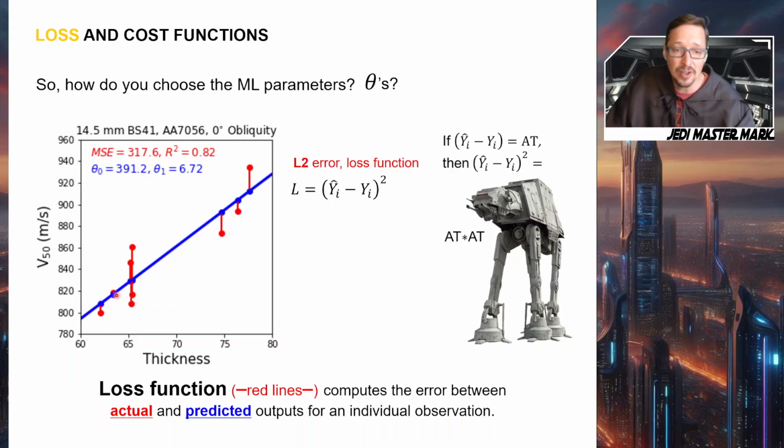These blue ones are our predicted outputs. Again, they're for the same thickness. We're going to make a prediction based on this linear regression algorithm, which has different theta parameters. You've got theta naught is 391, theta 1 is 6.72. Again, this is a slope that acts on the thickness, and this is the intercept term.